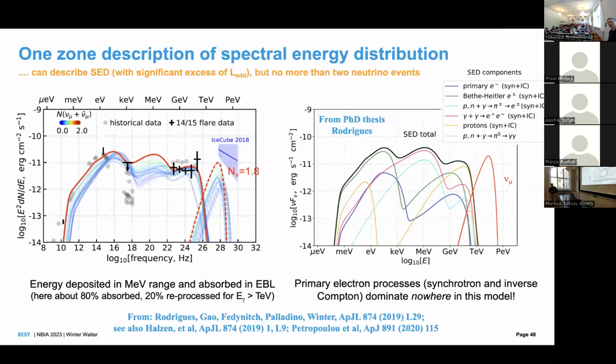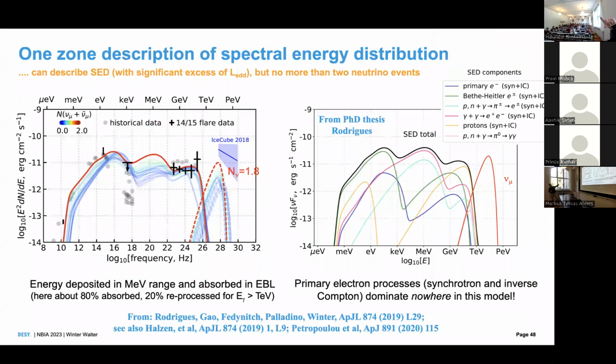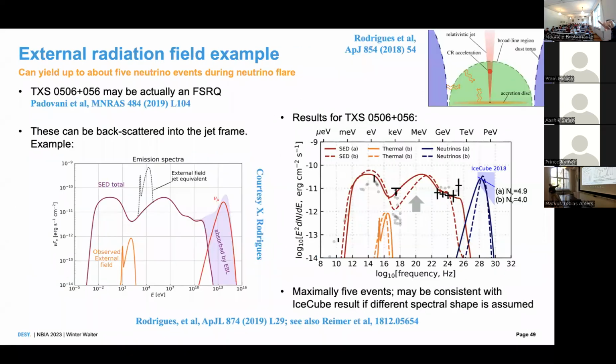Maybe this is also a relatively good point to stop here, just to finish with that. Here you saw that I only produced 2 neutrino events. You can also have a little bit more neutrino events if you invoke additional radiation fields. These AGN blazars are in fact typically embedded in environments where you would have this broad line region, which I was showing before.